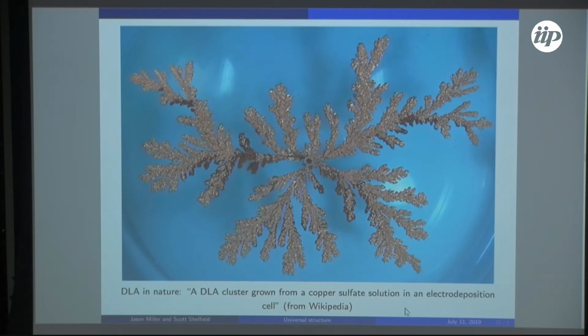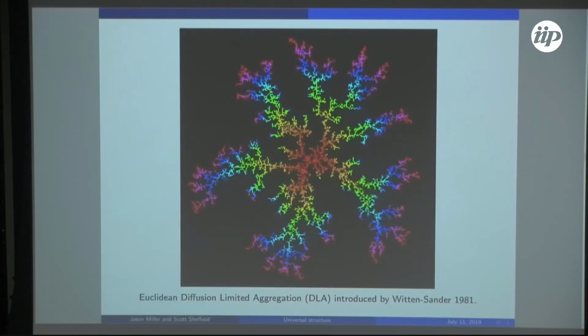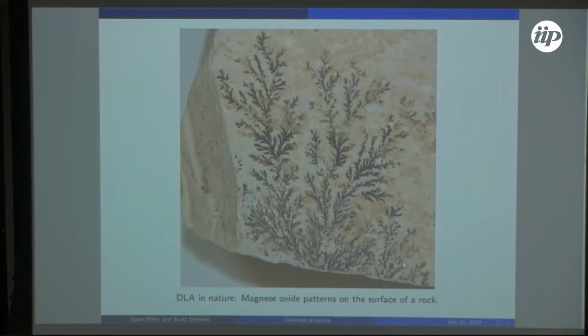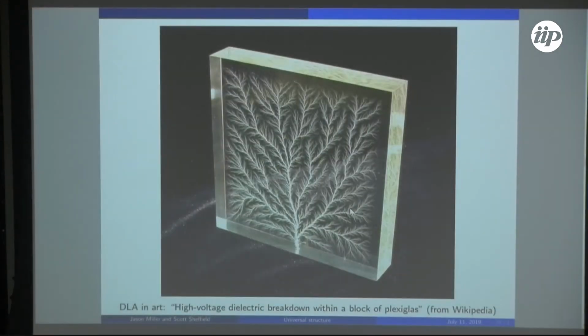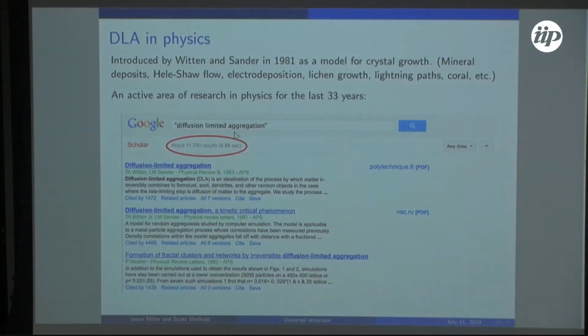But here are some simulations of these things. These were introduced by Witten and Sander, physicists, in the 80s. These are real-life pictures that are supposed to behave like them. A few years ago I noticed that if you Google diffusion limited aggregation, you get thousands of papers. By now it's more, maybe 20,000 papers.